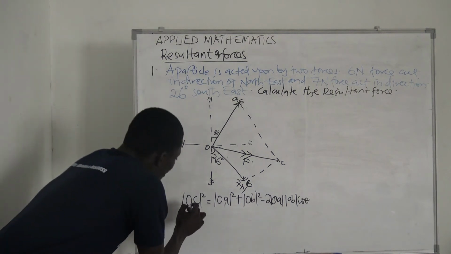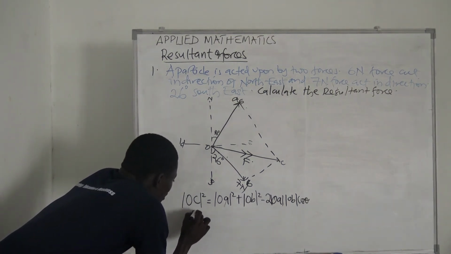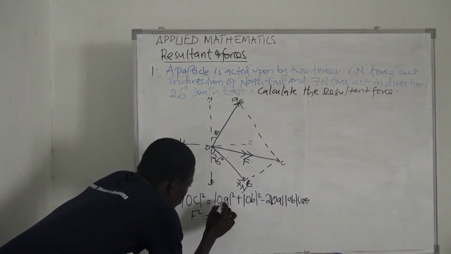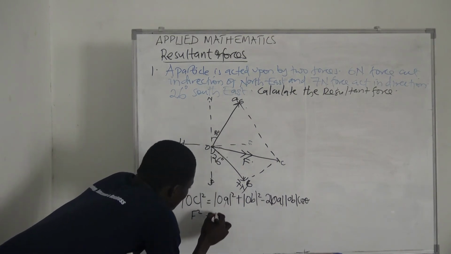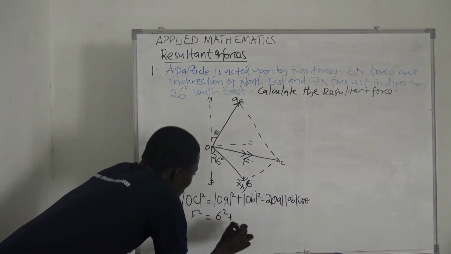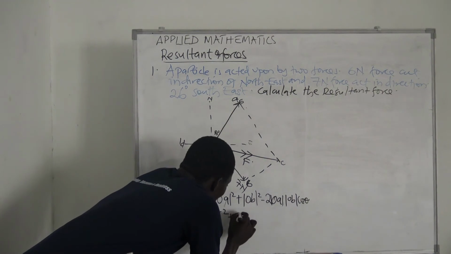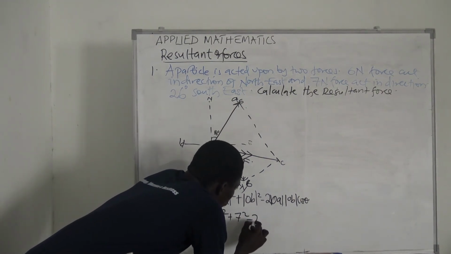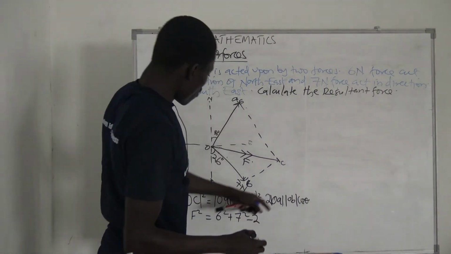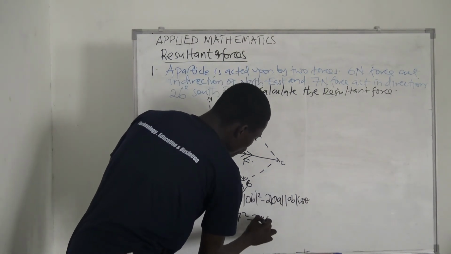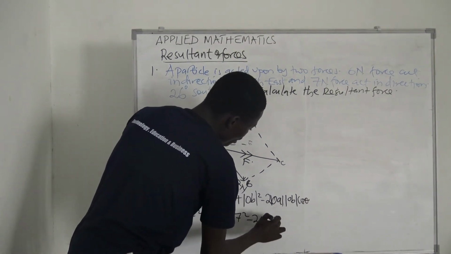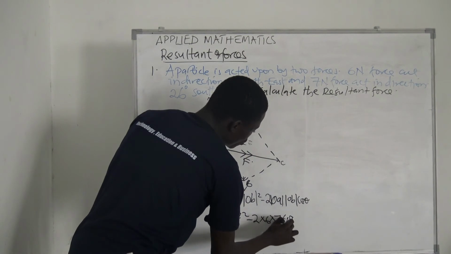So our force squared equals OA, which is 6 squared, plus OB, which is 7 squared, minus 2 into OA 6, OB 7 cos.